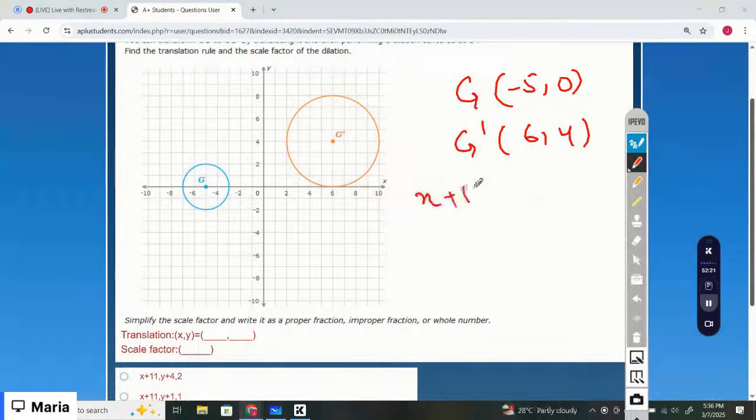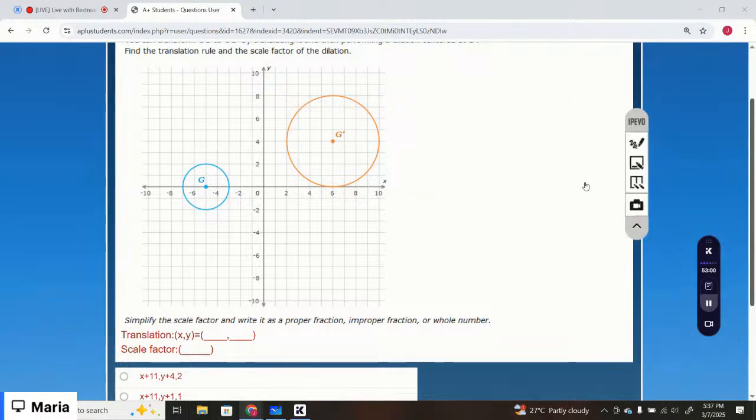So that is x plus 11 and y plus 4, and the scale factor is 2. Option number 1 is the correct option.